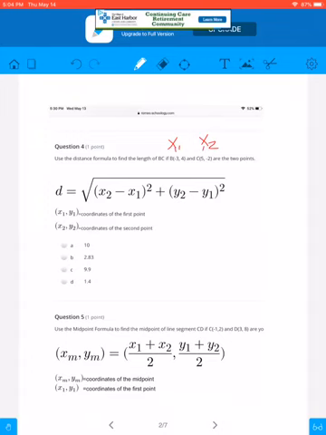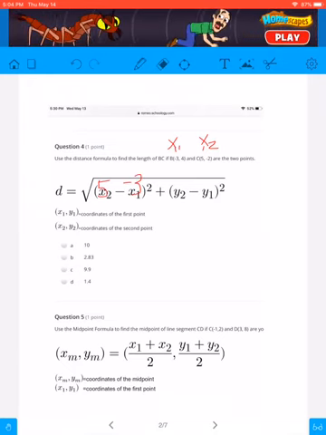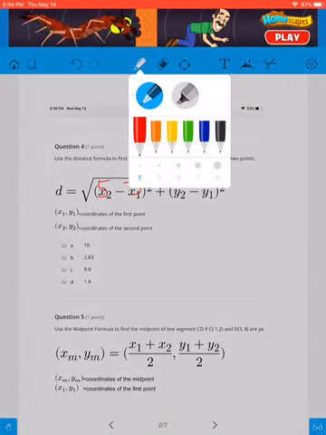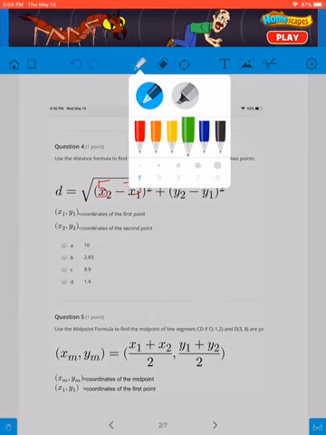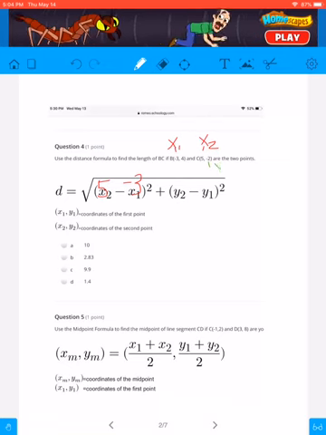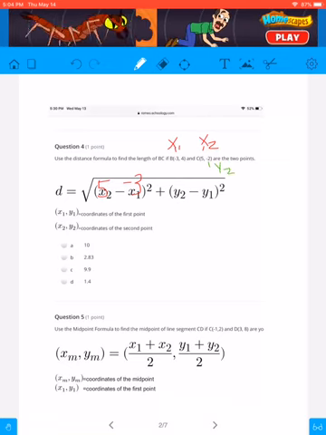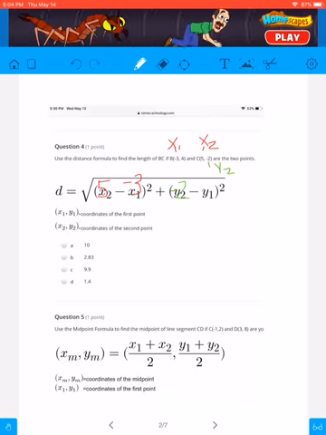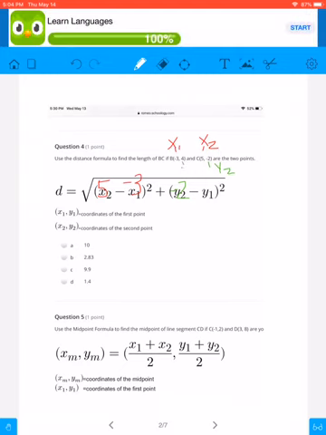So when we plug these in, this one would actually be the 5, and the -3 would be this one. And then when you need to plug in the y coordinates, the -2 would be the y2, and y1 would be the 4.